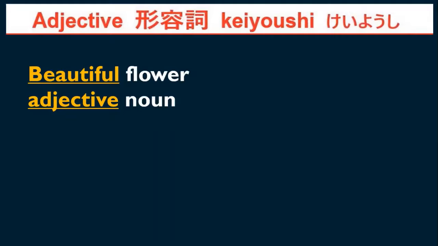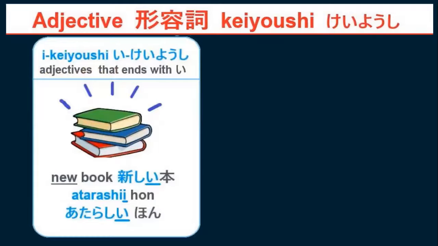There are two types of keiyoshi in Japanese. I-keiyoushi. This is I-keiyoushi because all the adjectives end with i. For example, new book.